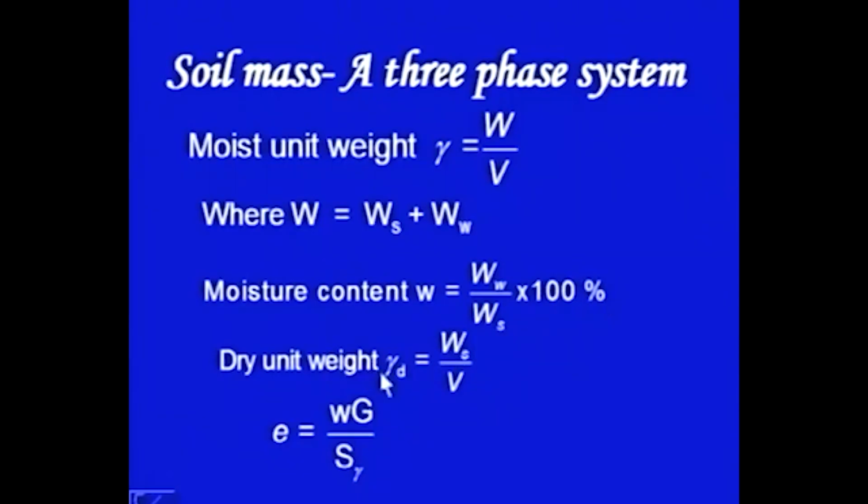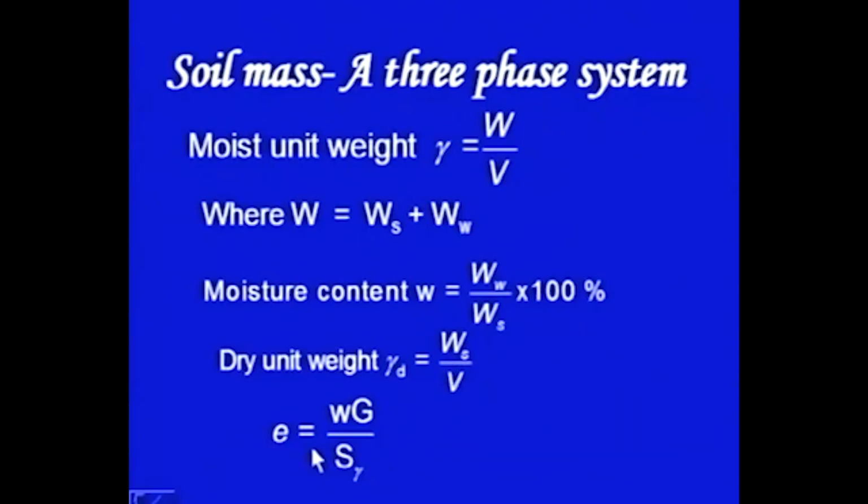The dry unit weight gamma d is defined as the dry weight of the sample divided by the total volume V. You can note, if you have a sample at a natural moisture content and you dry it, the volume is not going to change, the volume is going to remain the same. So, when the water is dried, what remains is Ws, the weight of solids, and the dry unit weight is defined as Ws upon V.